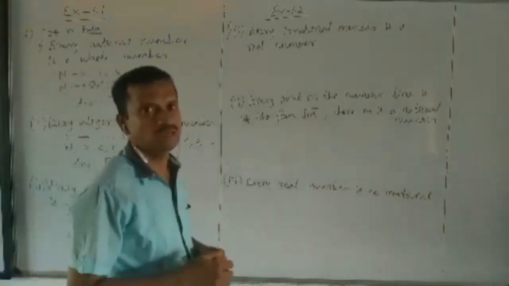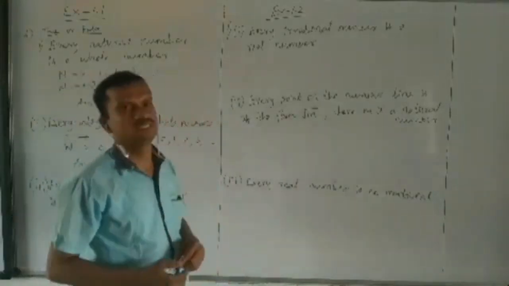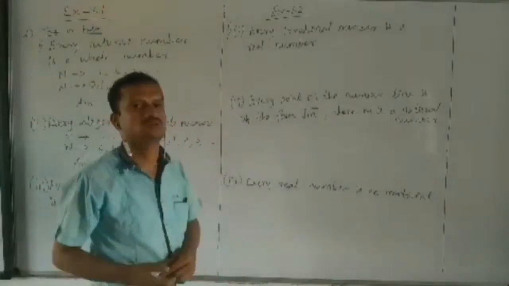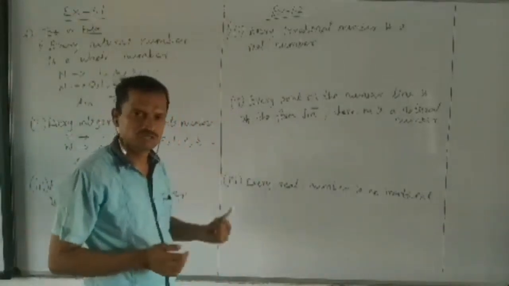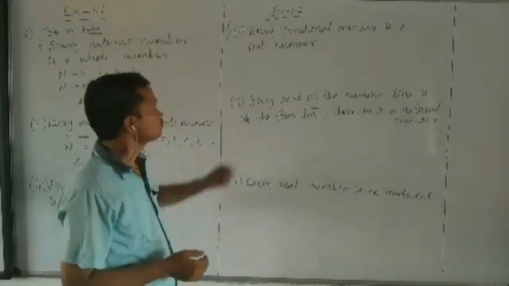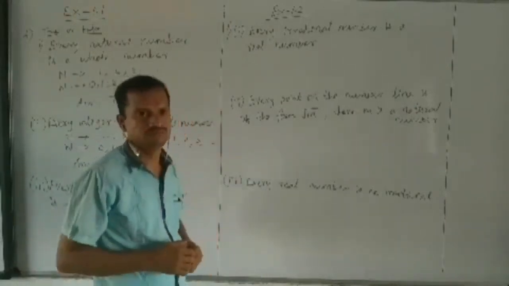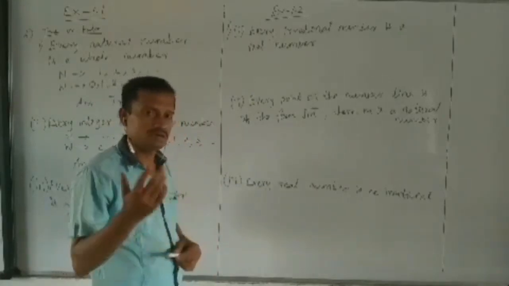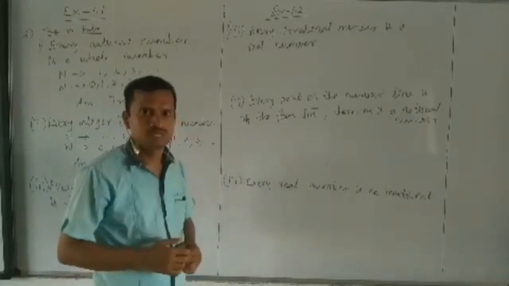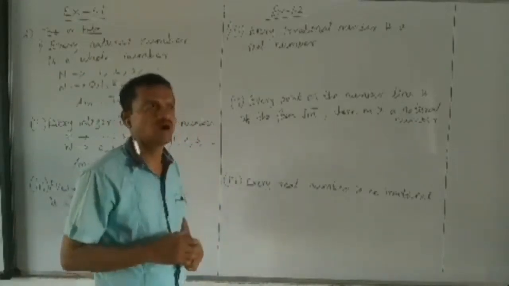And now coming to exercise 1.2. First question. 3 options are given in a statement. Here also we have to say each statement is true or false. Every irrational number is a real number. While teaching the topic, I explained clearly.